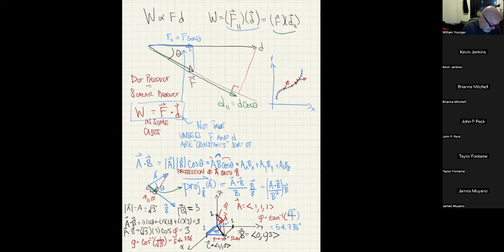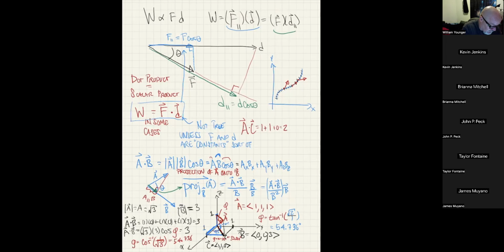So A dot C is equal to 1 times 1 for the X component, so that's 1, plus 1 times 1 for the Y components, so that's 1 again, plus 1 times 0 for the Z components.